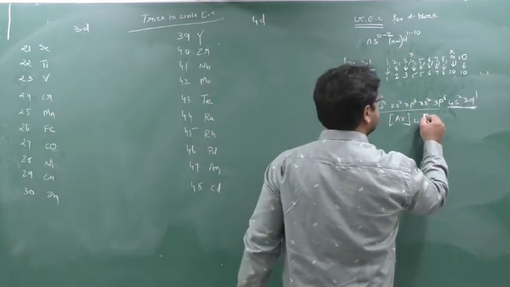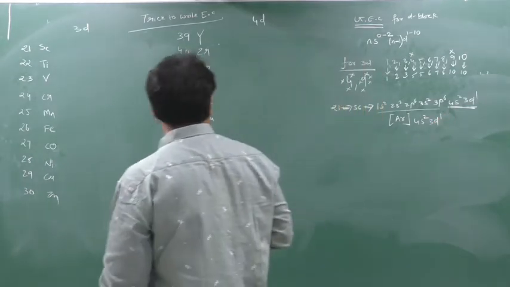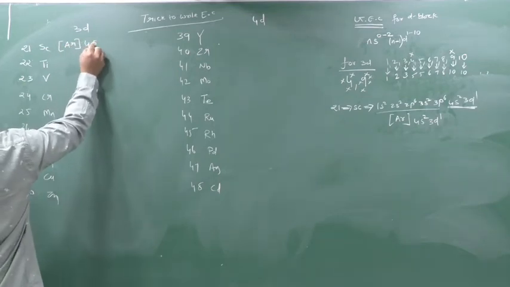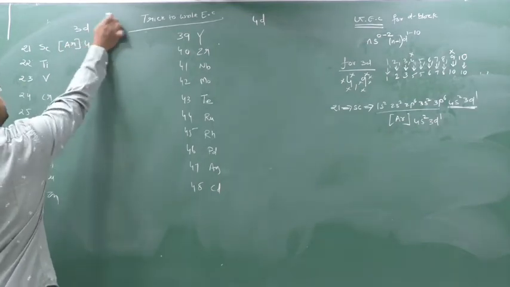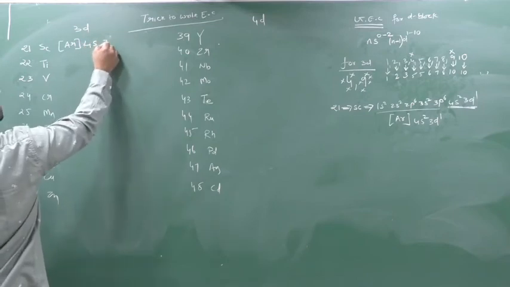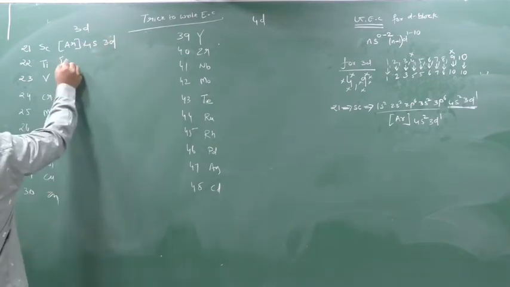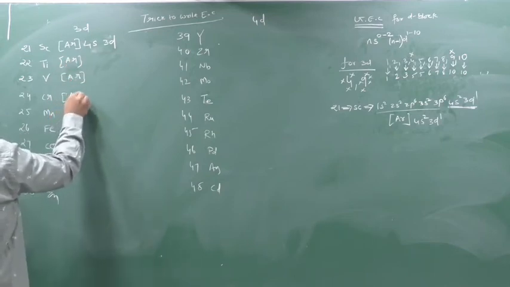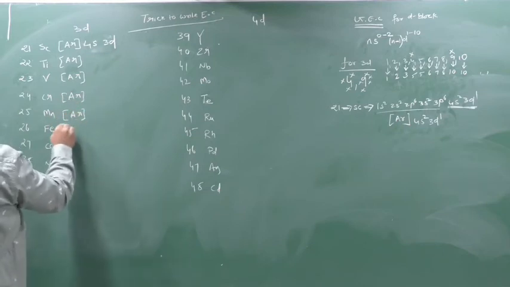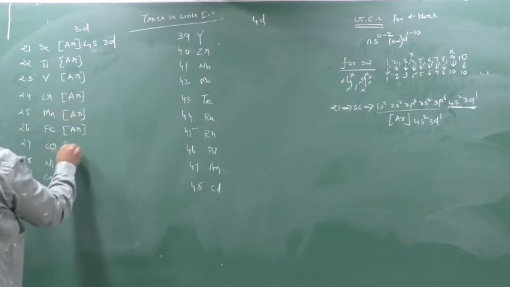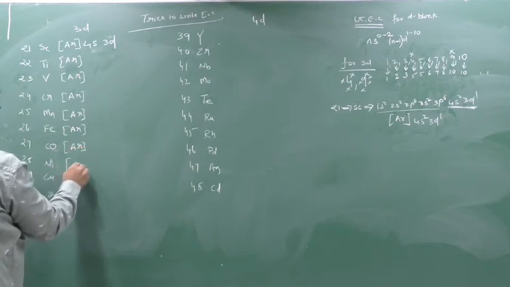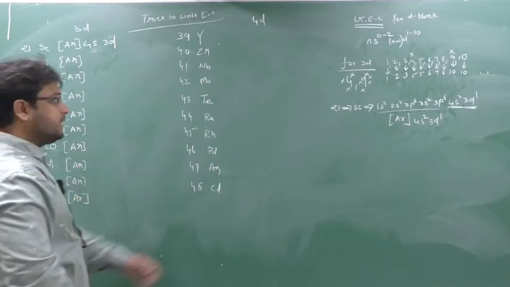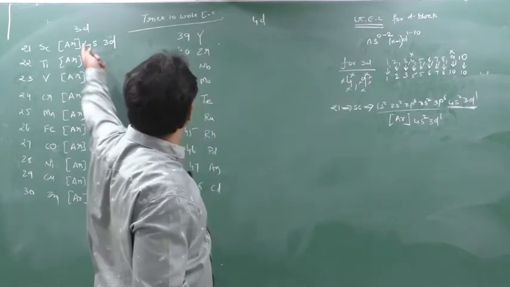Here you take 4s2 and here you take 3d1. So for scandium, argon, then 4s and 3d. Here also argon will come, here also argon, and so on for each element of the series. This number trick that I have shown is only for the 3d series.